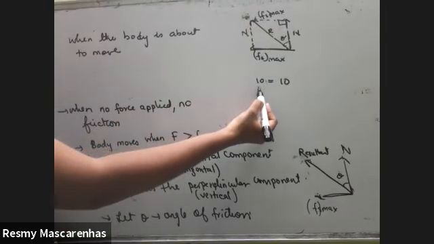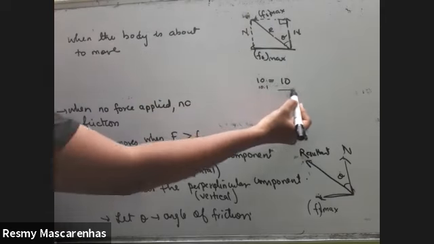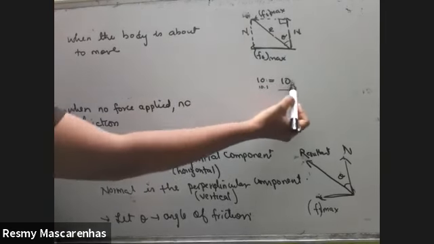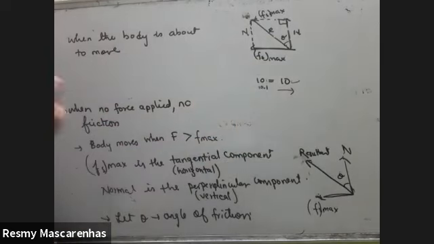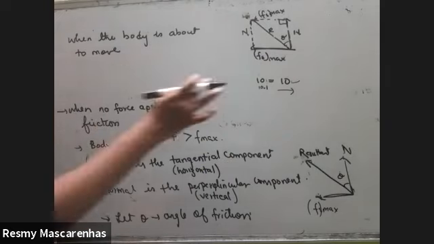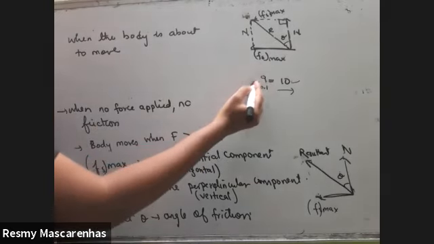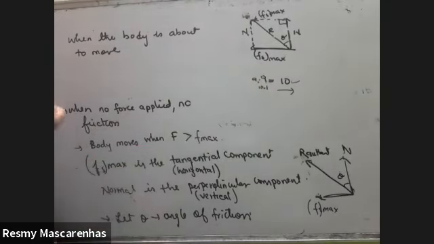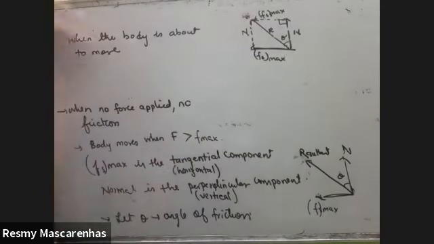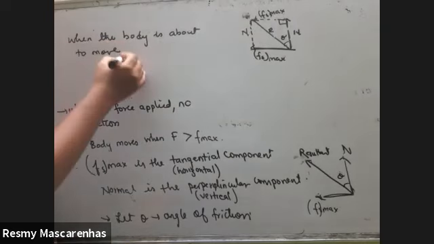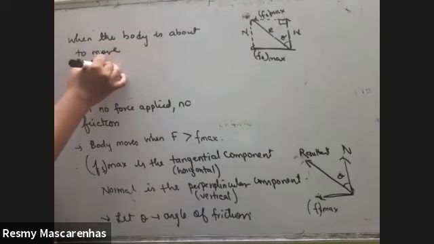The moment it becomes 10.1, it will move. So this is just about to move, and the next second the body would start moving. Even if this was 9, it would not move. Even if this was 9.9, it will not move. Exactly like 10.001, it would start moving. So the frictional force will be maximum.